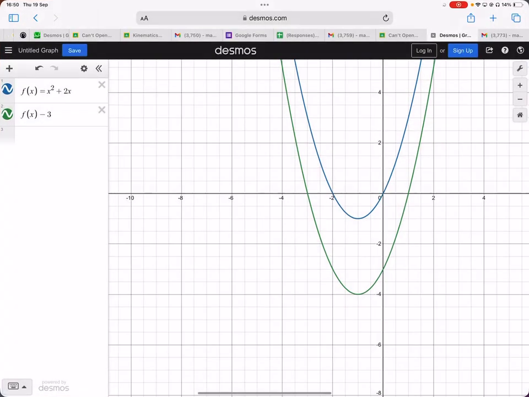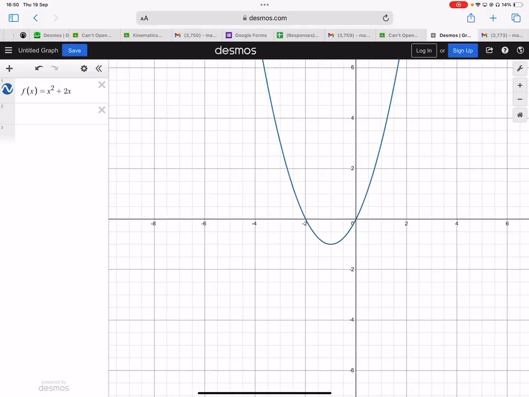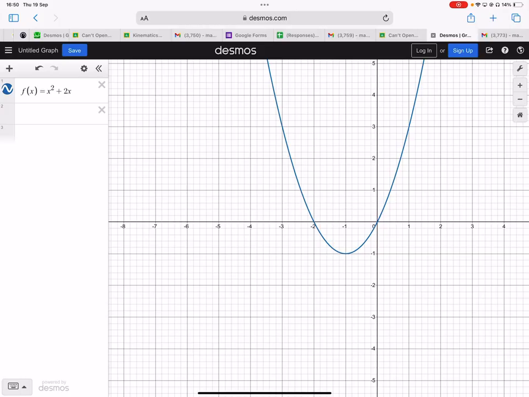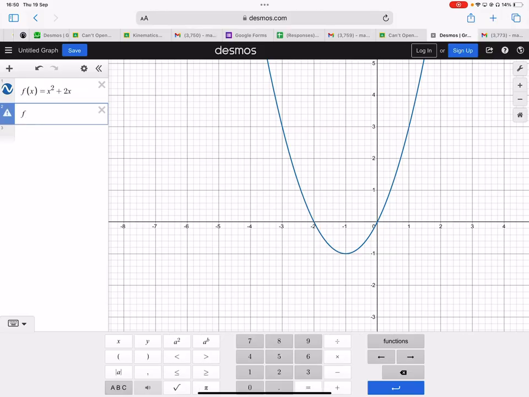Now, horizontal transformations work slightly counterintuitively. Now, let me explain what that means. This is one function, x squared plus 2x. F of x equals x squared plus 2x. Now, horizontal transformation means that you change x now. Instead of changing y, you change x.